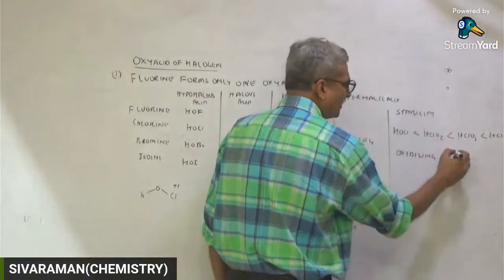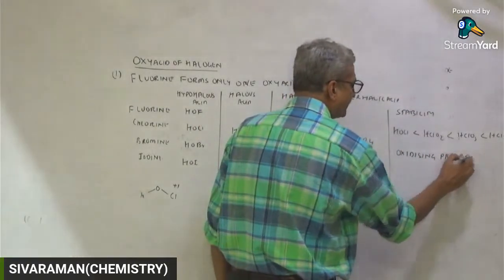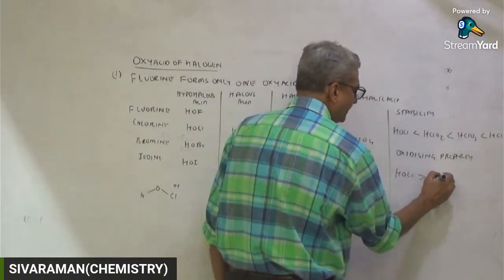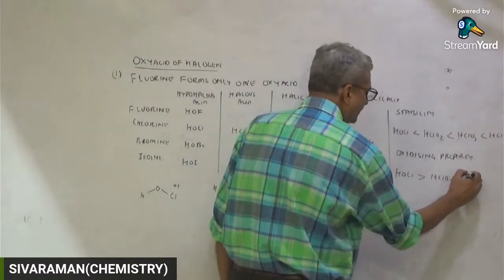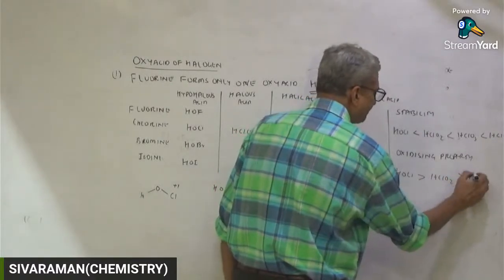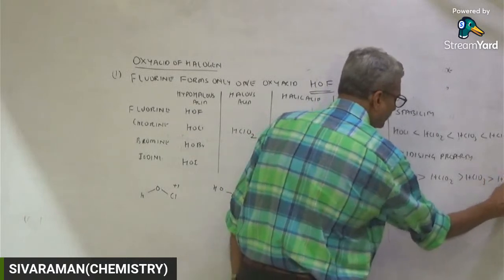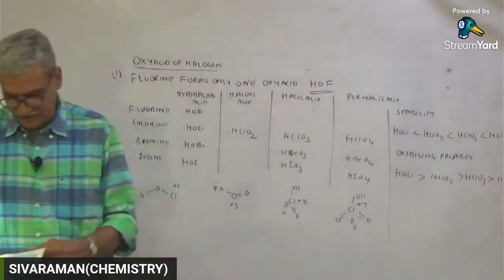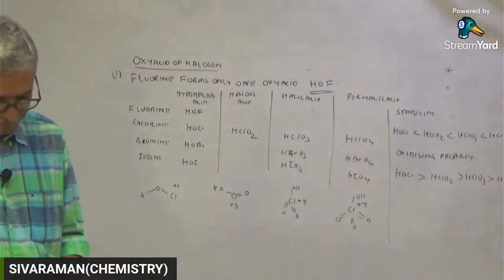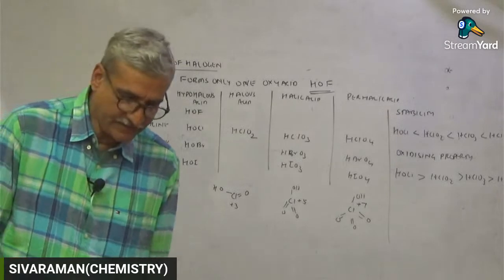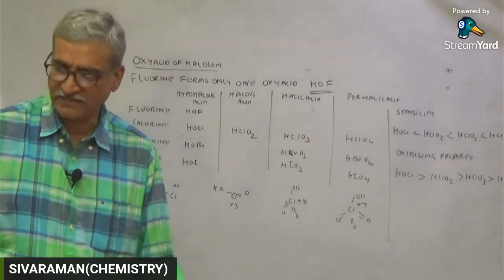So this is what we require for our entrance exam. Oxidizing property: hypochlorous acid will be greater than HClO2, greater than HClO3, greater than HClO4. So hypochlorous acid will be the strongest oxidizing agent because it is least thermally stable.